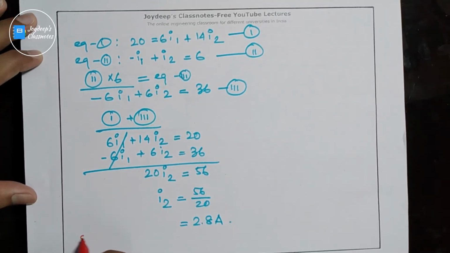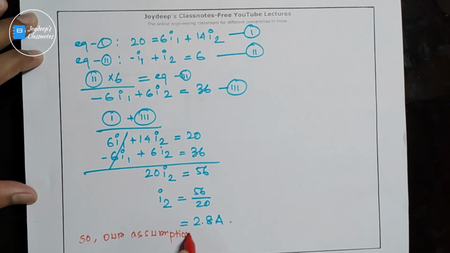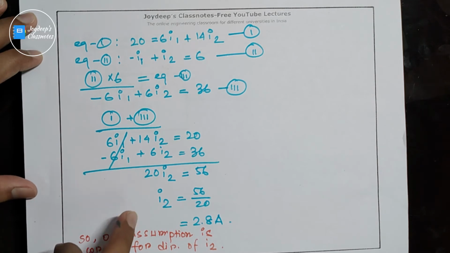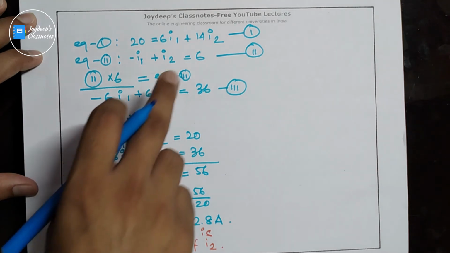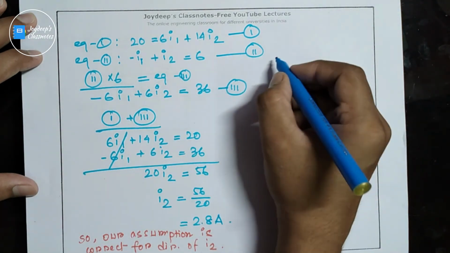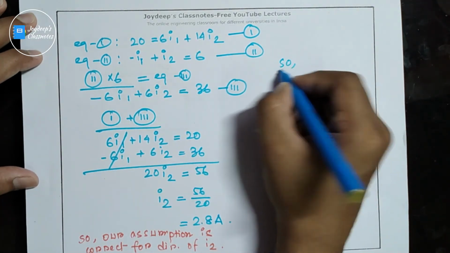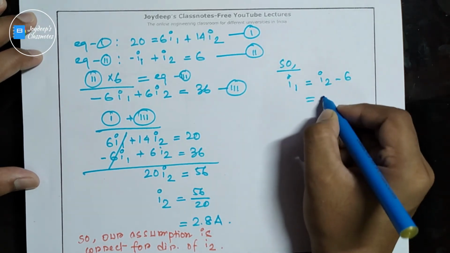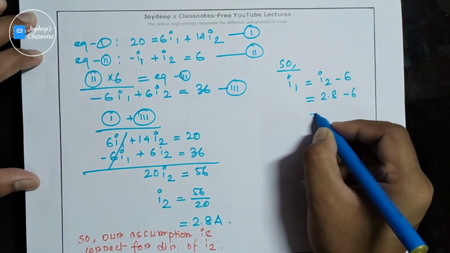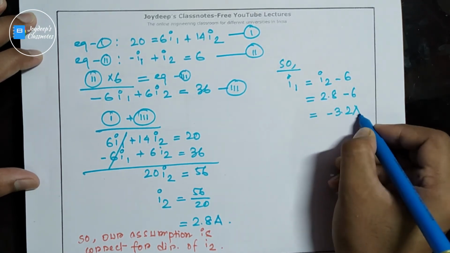That means our assumption for the direction of I2 is correct. Clear? Now if we put this value of I2 in, let's say, equation number 2, we'll get the value of I1. So I1 becomes I2 minus 6, that means 2.8 minus 6, that is equal to minus 3.2 amps.